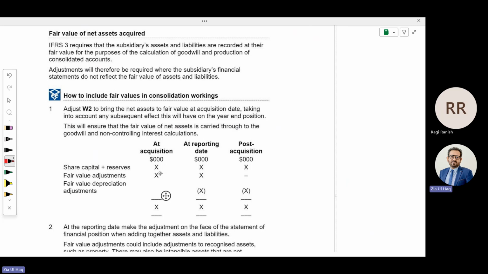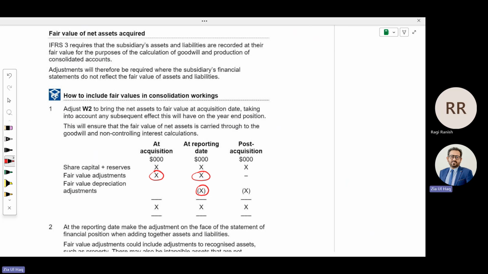We need to add here and here. If the fair value of the asset is more than the book value, we need to make an adjustment. We need to add the additional amount. And due to that addition of fair value, ultimately the asset depreciation will be more. That we need to deduct at the reporting date, because depreciation will be recorded at the time of year end.